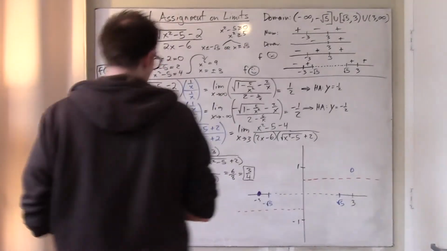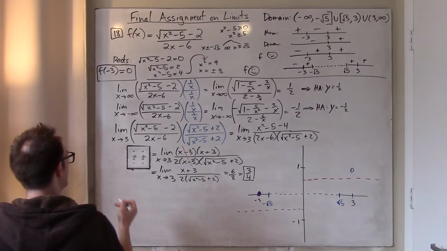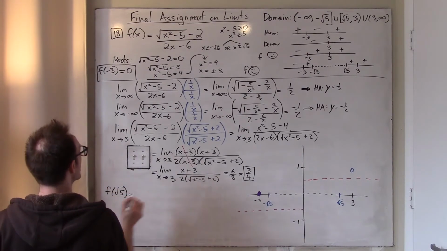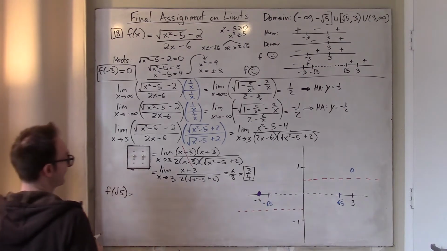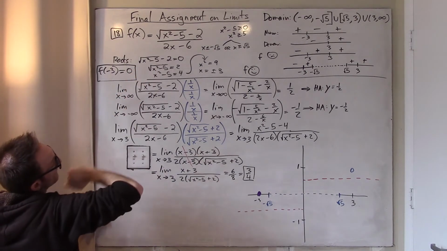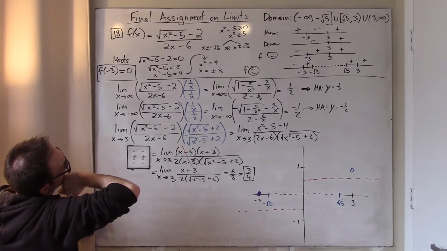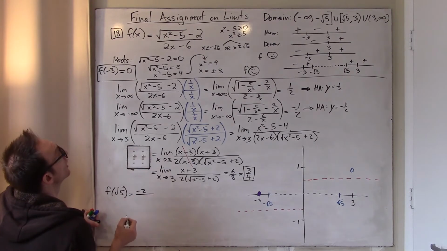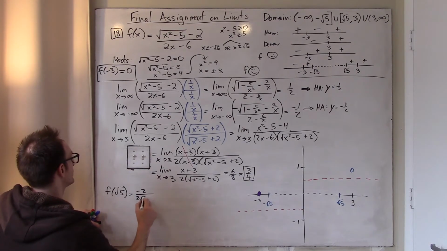Alright, so this part is now getting a little bit silly, but if you plug in root 5, what happens? Just doing this whole problem as if calculators weren't invented, if I plug root 5 in here, what do I get? Yeah, I'm going to get -2 over 2 root 5 minus 6.